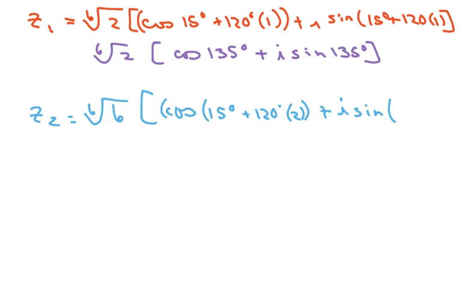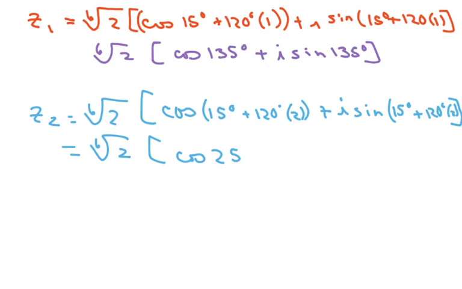Oops, I keep doing this wrong. That should go away. That's cosine. Okay, so sine of 15 degrees plus 120 degrees times 2. Now, all this equals the 6th root of 2, and that's going to be cosine of 255 degrees plus i times sine of 255 degrees.